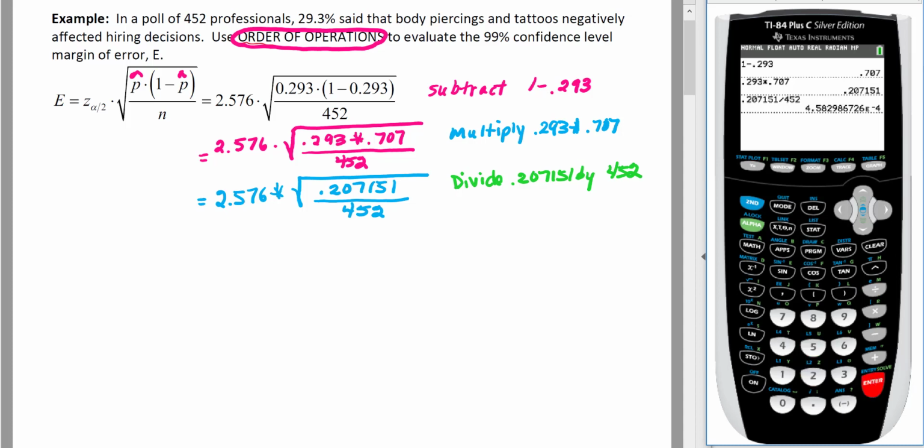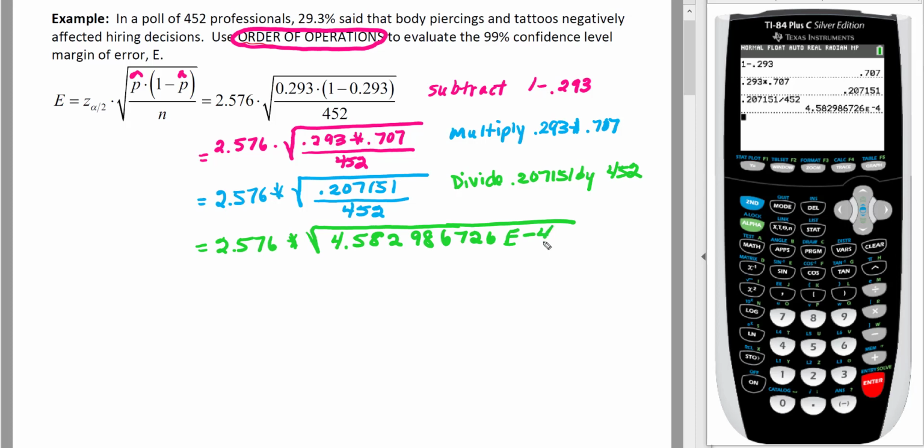And notice that odd E symbol comes up again. So let's rewrite this as 2.576 times the square root of 4.582986726 E negative 4.